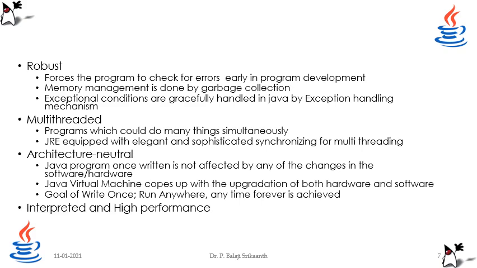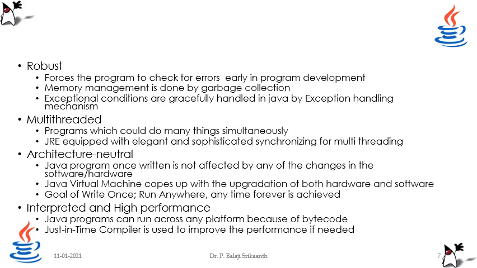Java programs are interpreted and high performance. As I told you, Java programs are interpreted. How? The programs are compiled into an intermediate code called bytecodes. These bytecodes are again interpreted on top of the Java virtual machine. That is, Java programs are executed by means of interpreters.